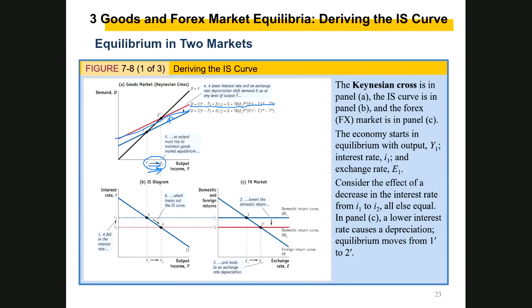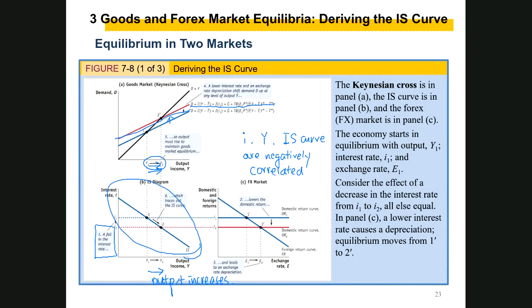So you see the fall in the interest rate will cause the output to increase. So I and Y on the IS curve are negatively correlated. That's why the IS curve will have a negative slope.